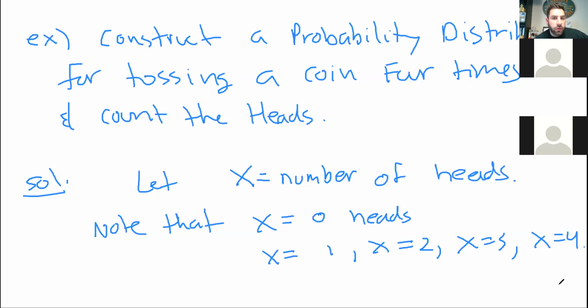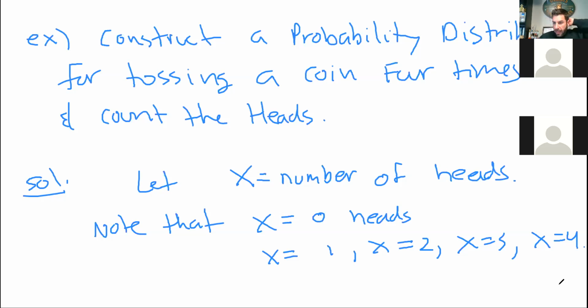Well, a probability distribution is a function that takes outcomes and assigns a number to them. And we call it a probability distribution because we want that function to assign the probability. A probability distribution is only useful to us if it makes intuitive sense. So we want the function that tells us the probability we get 0 heads, or the probability we get 1 head, the probability we get 2 heads, etc.